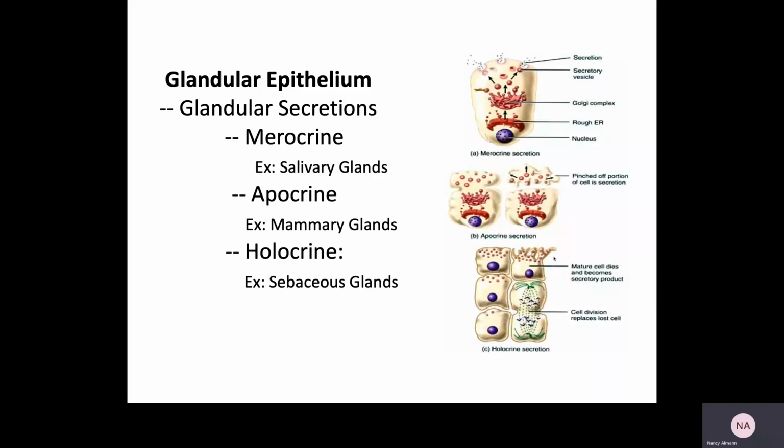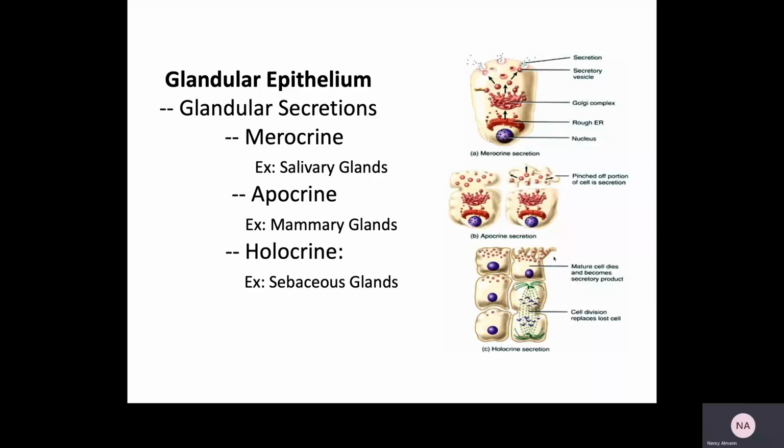We need to talk briefly about glandular epithelium. The glands are going to be lined by epithelial tissue, and there are going to be several different types. When you talk about merocrine glands, for example, the salivary glands, they are producing and releasing a secretion, in this case saliva.